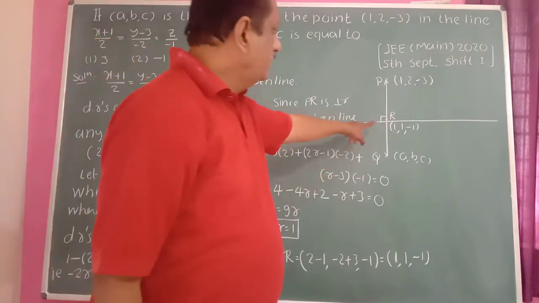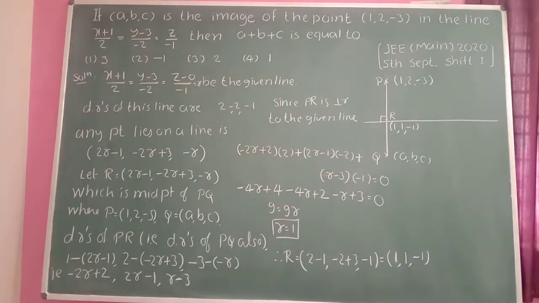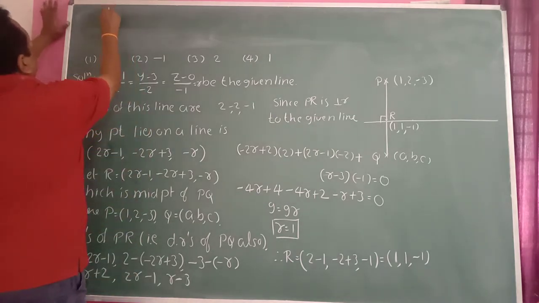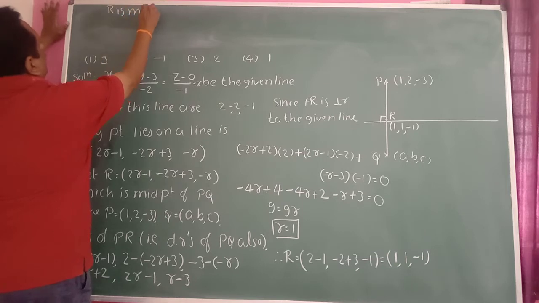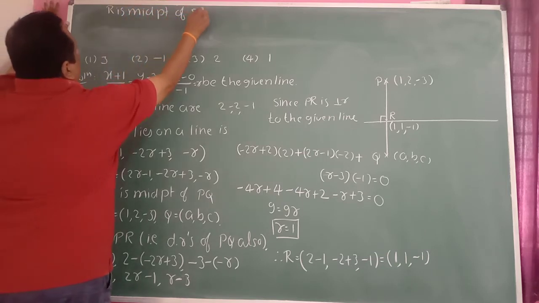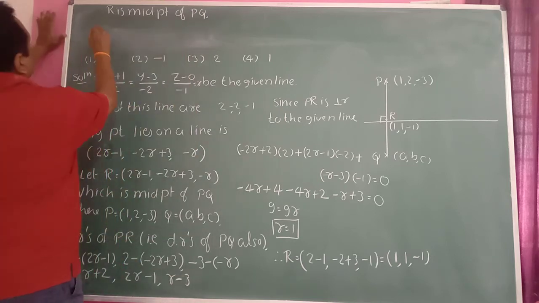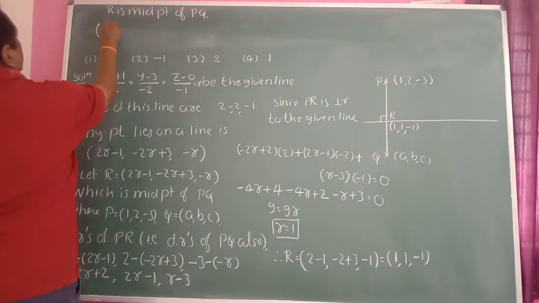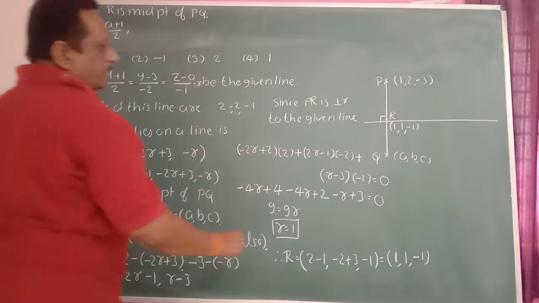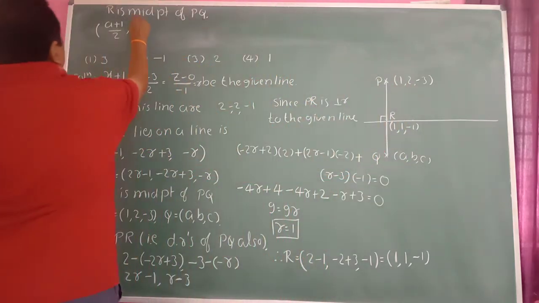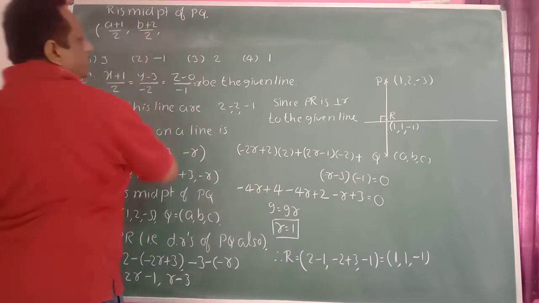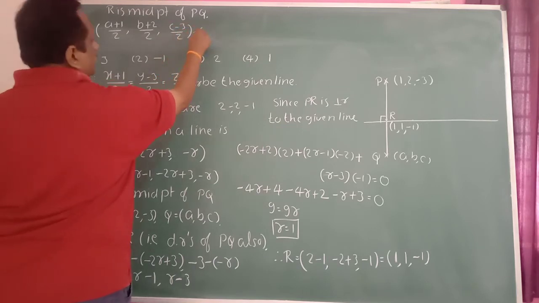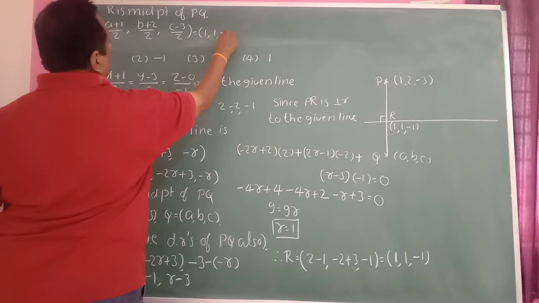Since R is the midpoint of PQ, using the midpoint formula, (a plus 1) divided by 2, (b plus 2) divided by 2, and (c minus 3) divided by 2 is equal to (1, 1, minus 1).